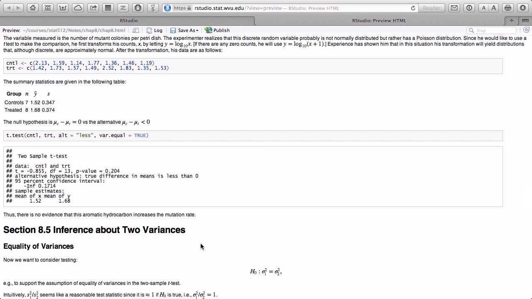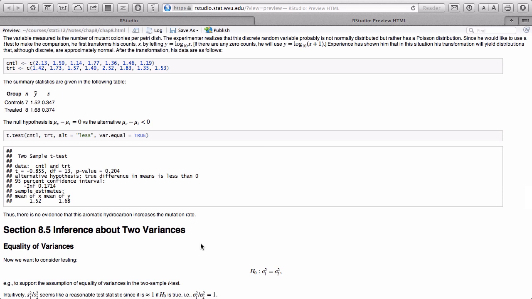Since I'm testing that the treated is greater than control, then I'm doing a one-sided interval, and therefore instead of giving two numbers, one of those numbers is going to be minus infinity in this case, or if the confidence interval is the other way, it could be plus infinity, depending on which way the interval goes. So in this case, we have minus infinity up to 0.1714 to get the confidence interval.